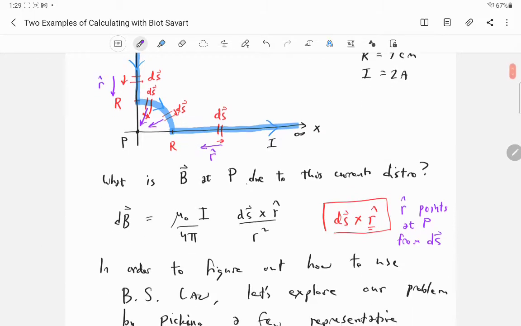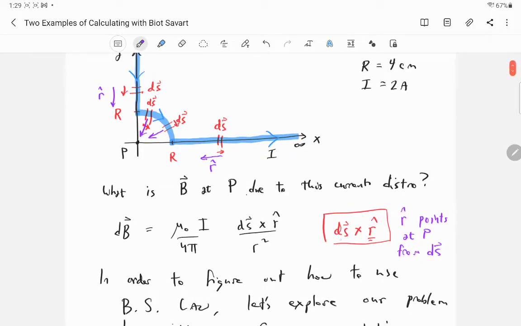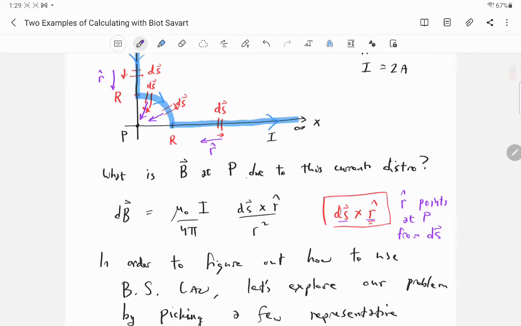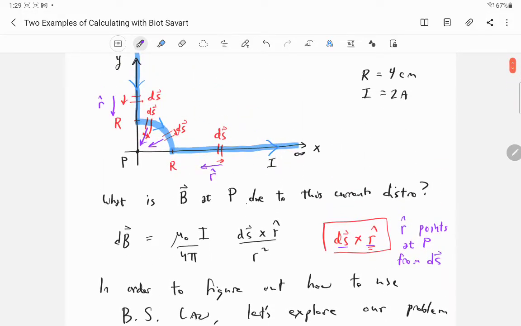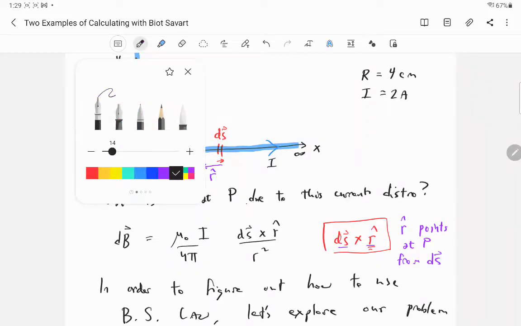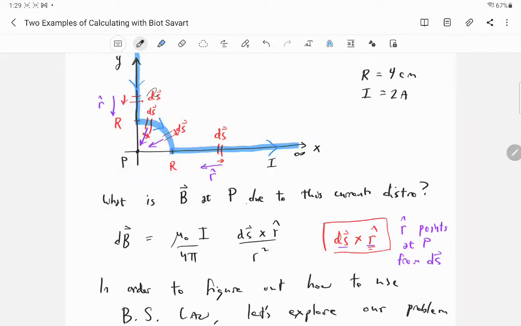So you can begin to see that ds cross r hat is something that I need to think about for each of these four different segments. If you think about ds cross r hat for this first segment up here at the top, ds cross r hat is 0. And that's because ds and r hat point in the same direction.